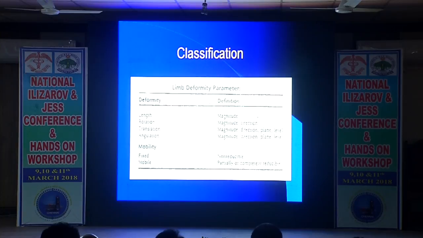The last one is usually not documented, but is very critical: how rigid is your abnormality? Is it mobile or is it a fixed abnormality? If it is fixed, that will usually mean there's some underlying joint contracture or muscle contracture.